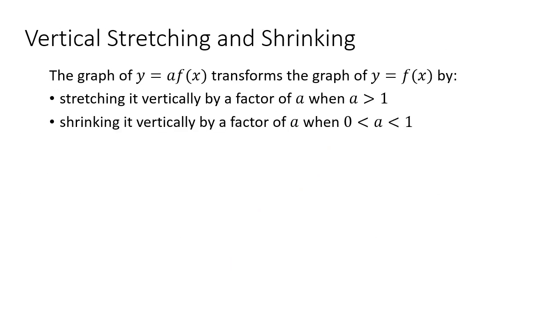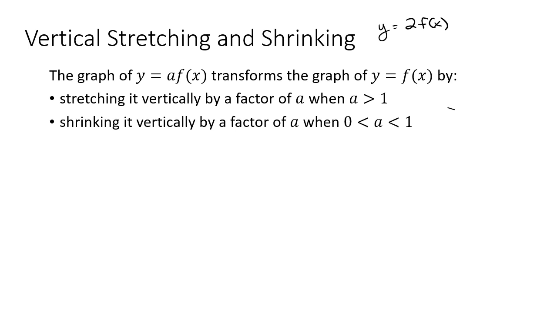The other effect that a can have on the graph is stretching or shrinking the graph vertically. And again, it's still the same idea of multiplying your y values by a. So think about it. If you had y is equal to 2 times some original function f of x, you're taking all of your y values and you're doubling them. So they get twice as tall, either in the positive direction if they were already positive, or in the negative direction if they were already negative.